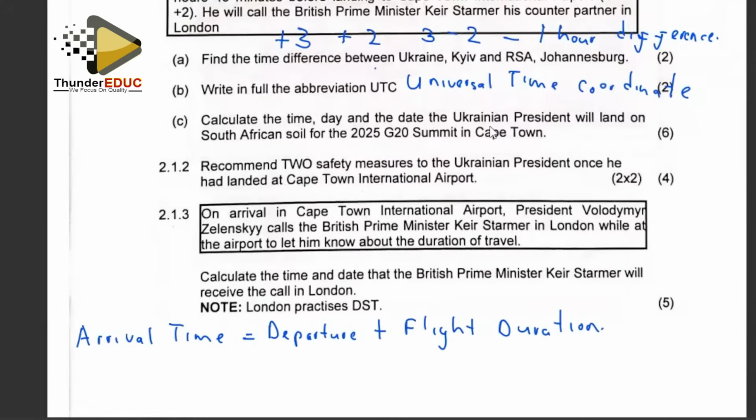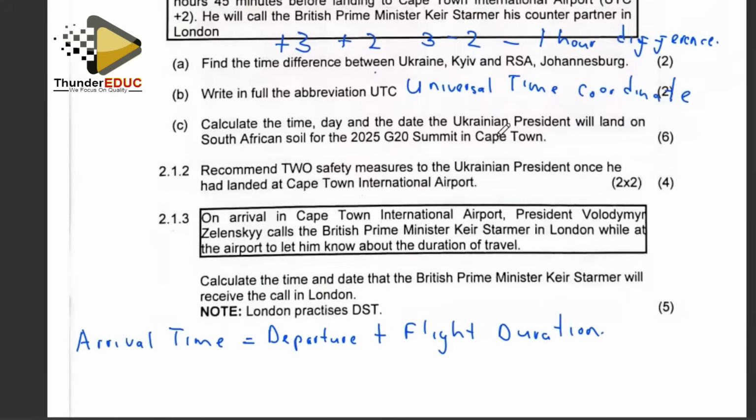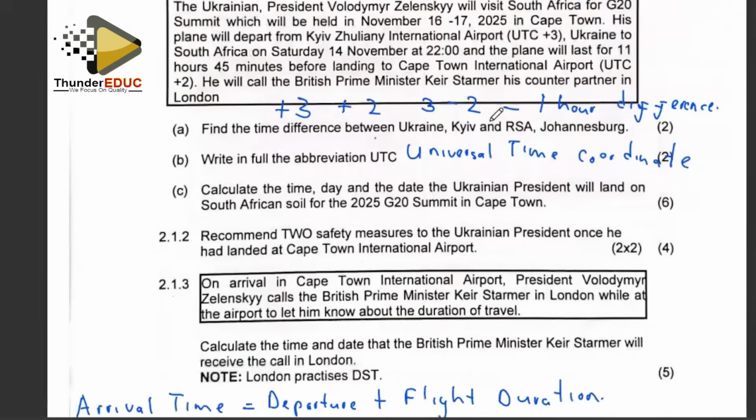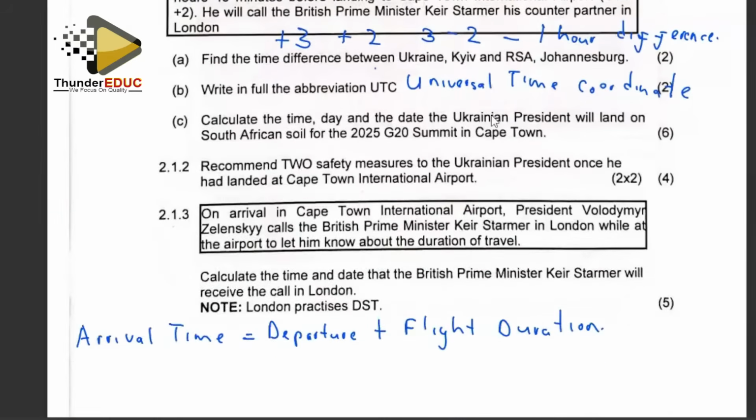So the first thing we need to determine is what time he left his country of origin. It has been stated that he left on 14 November at 22:00, which is Ukrainian time.